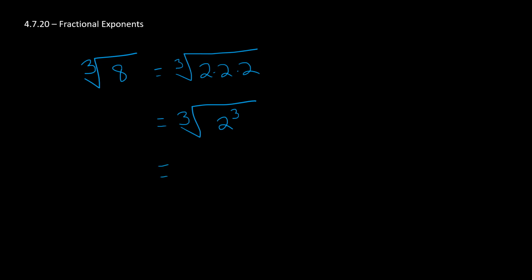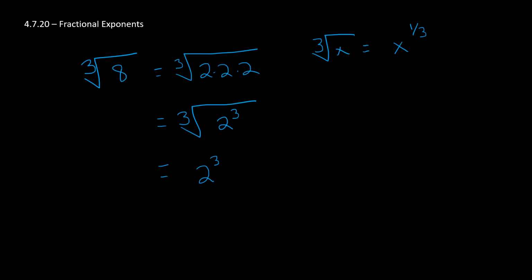Well, we'd say 2 cubed, and in this case, what do we do with this cube root? Well, if we're taking the cube root of a value, that's equivalent to taking it to the power of 1/3. You need to look at this index number here, and this is what we're going to be creating as our fraction.